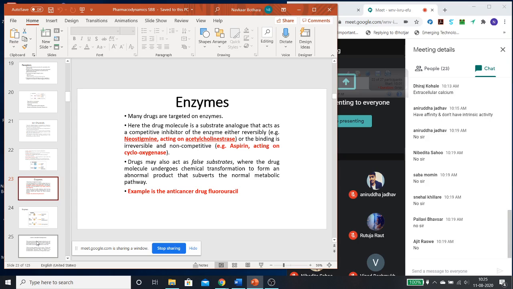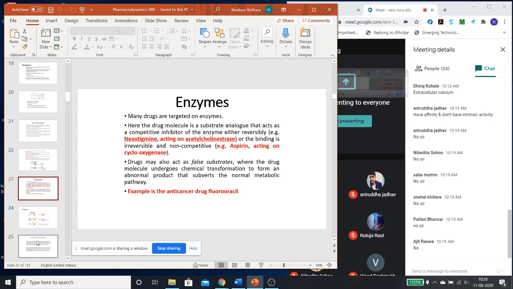They do not come under receptor mediated actions, but since enzymes are similar to receptors, structure activity is important. Until and unless there is a specific structure, the enzyme will not be able to bind. Therefore some books, some people, put it into this kind of category.